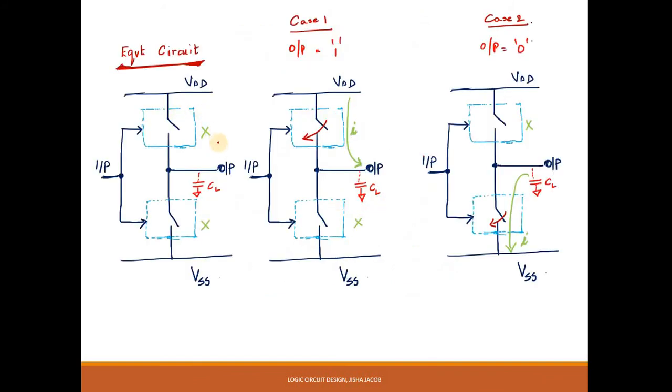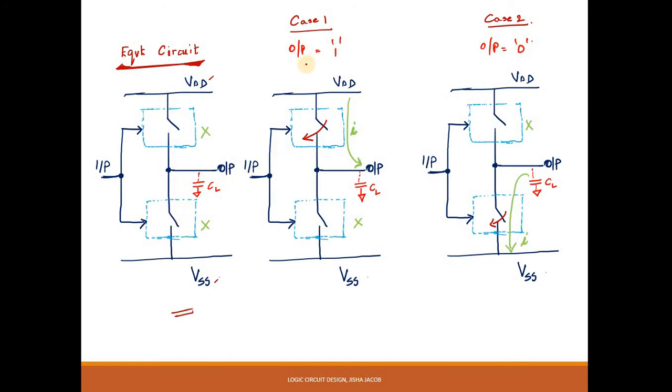Now let us take the equivalent circuit of any CMOS structure. You have the VDD, you have the VSS, and then the PMOS network and the NMOS network. The input is applied to both the PMOS network as well as the NMOS network. PMOS and NMOS, when they are off, act as an open switch, and when they are on, act as a closed switch. So I have drawn the equivalent circuit with both open switches by default.